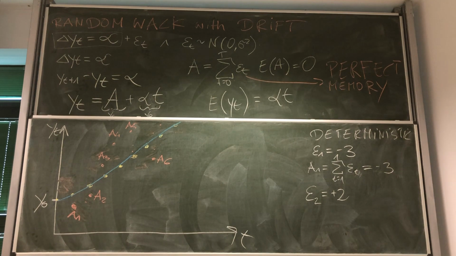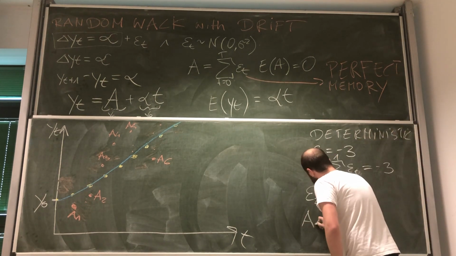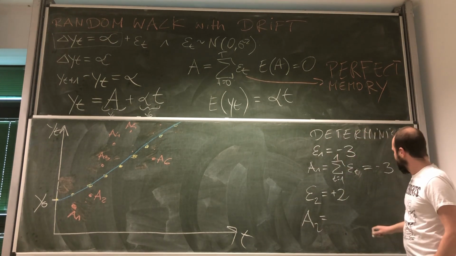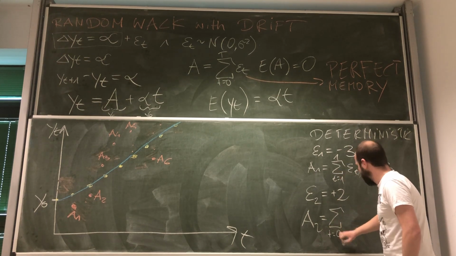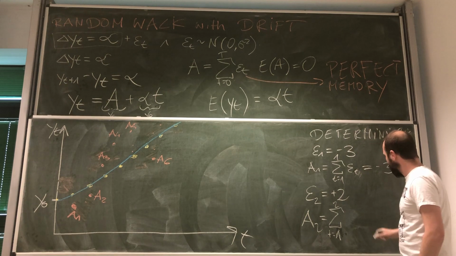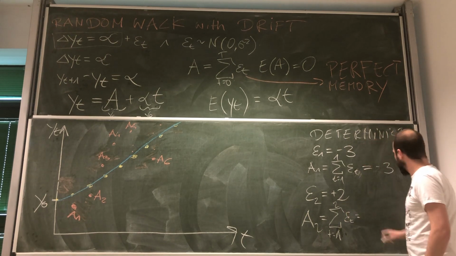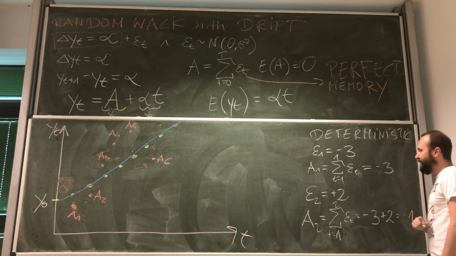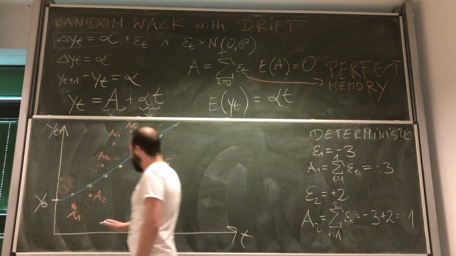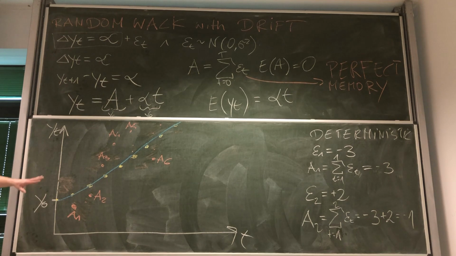Okay, what is A2? A2 is the sum with t starting with 1 until 2, which is equal to negative 3 plus 2 equals negative 1.